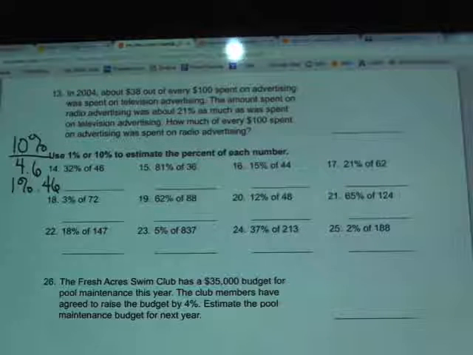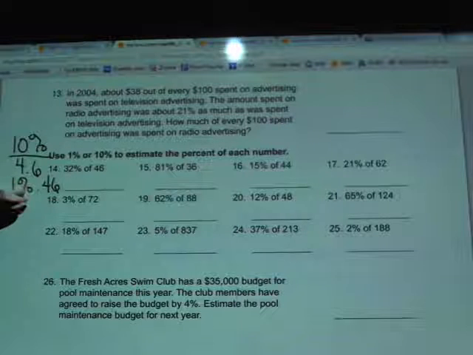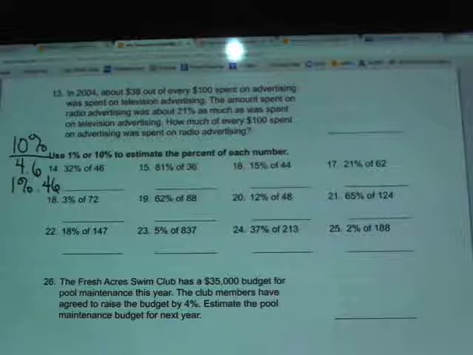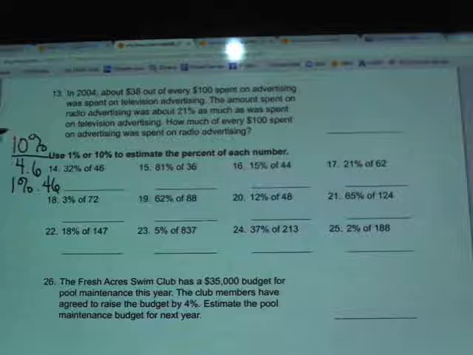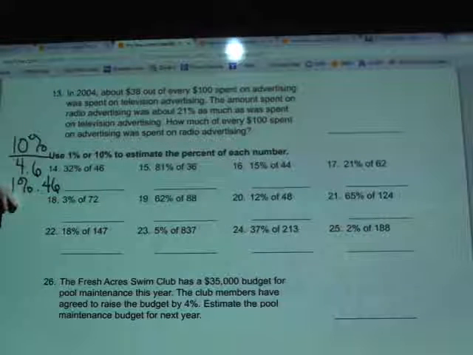So when I'm asked to find 32% here, I'm using 10 3 times, because that's 30%, and then 1% twice, which is going to get me the extra 2% for a total of 32%. 10, 20, 30, 31, 32.